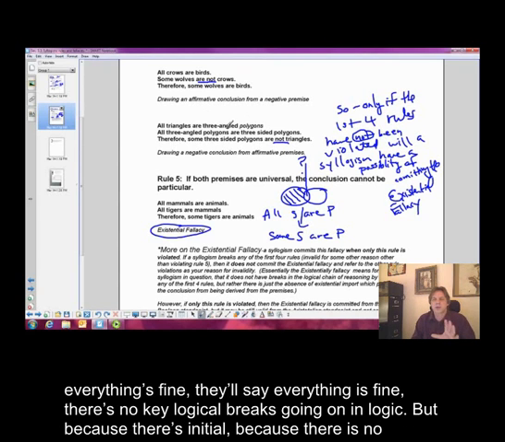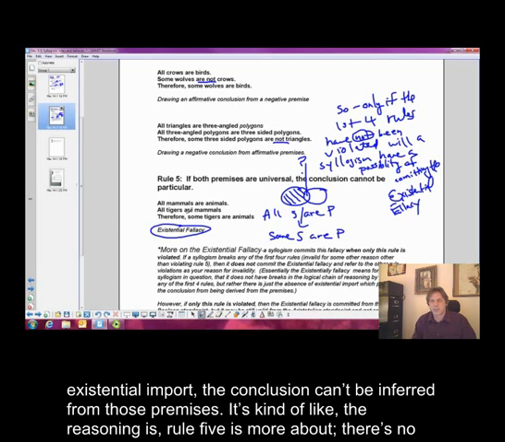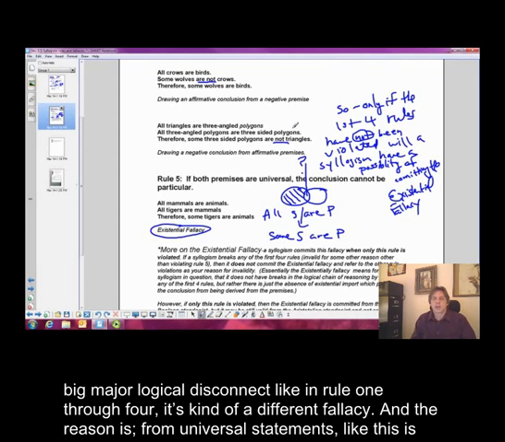There's no key logical breaks going on in logic, but because there is no existential import, the conclusion can't be inferred from those premises. It's kind of like Rule 5 is more about there's no big major logical disconnect like in Rule 1 through 4. It's kind of a different fallacy, okay?